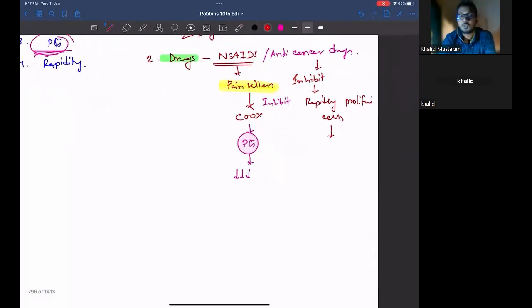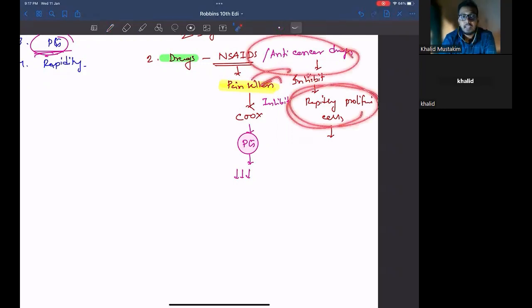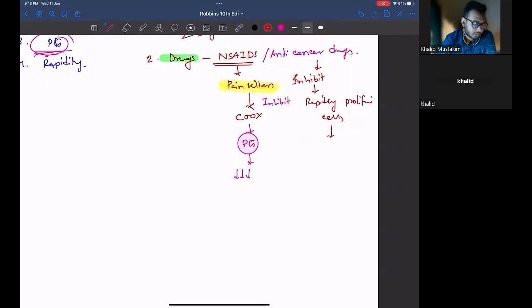But it is very unfortunate that the GIT mucosa also has rapidly proliferating cells, and that is the epithelial lining. I have told you that is simple columnar epithelium. So when we give a patient an anti-cancer drug, on one hand it inhibits the cancer cells which are rapidly proliferating, but it cannot differentiate them from the normal cells of our body. So it also causes mucosal cell destruction.